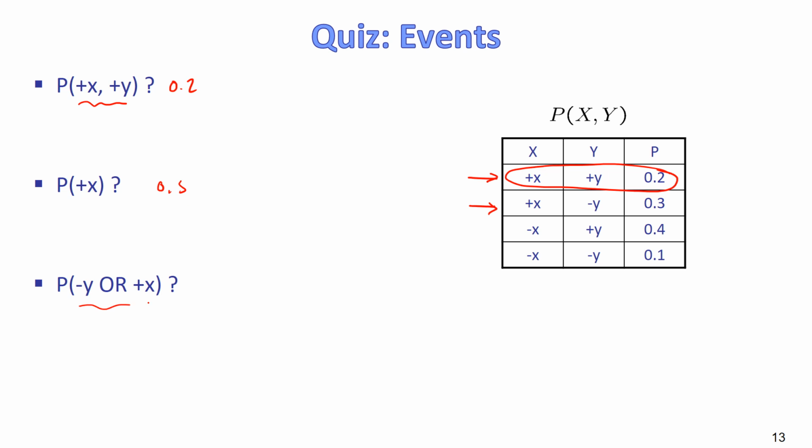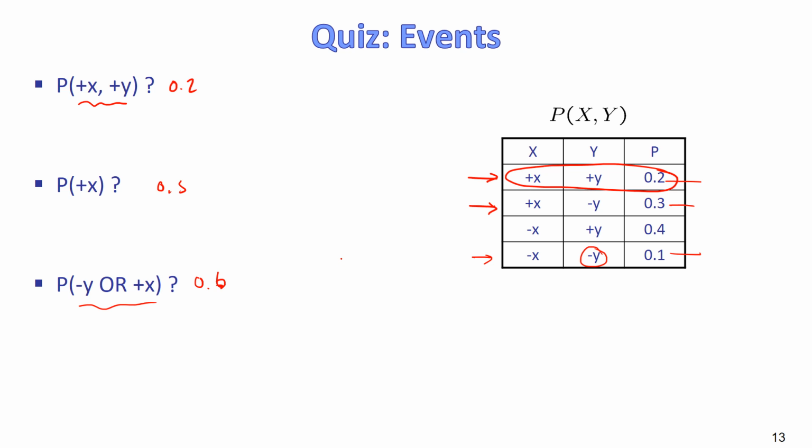How about this one? Yeah, so first row, second row, and the fourth row, because we have minus y here. So we have 0.2, 0.3, 0.1, we add them up together, that will be 0.6. Thanks, Saad.